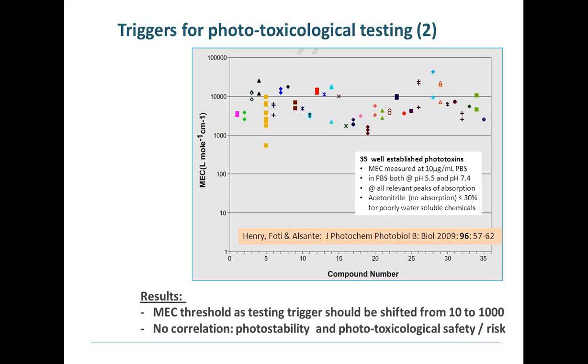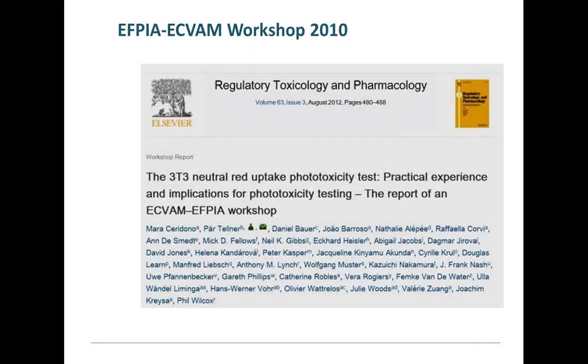So based on this, the ECVAM workshop agreed on raising the trigger to test with a 3T3 assay, or any photobiological assay, to only materials that absorb higher than 1,000 instead of 10, which is what is still in the OECD guideline.